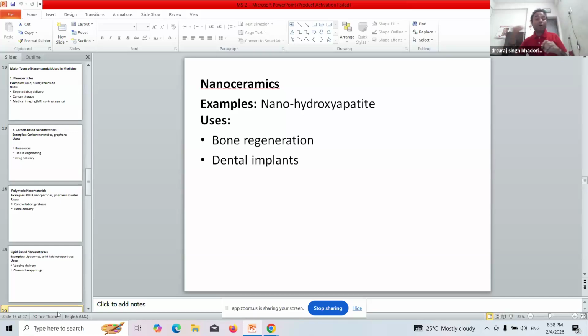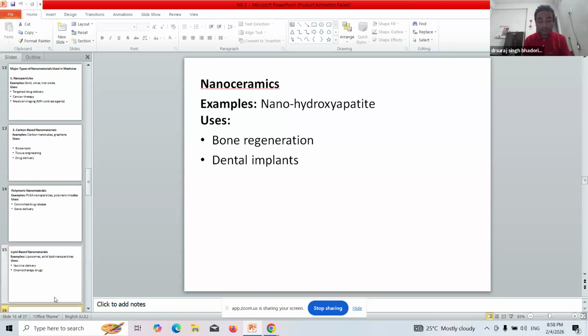So this molecular composition always plays a major role in the nanoceramics. So what is nanoceramics? Nanoceramics is the compository part of all this molecular composition: the molecular composition of carbon, hydrogen, nitrogen, arsenic, and some other basic elements. So these are the nanoceramics.